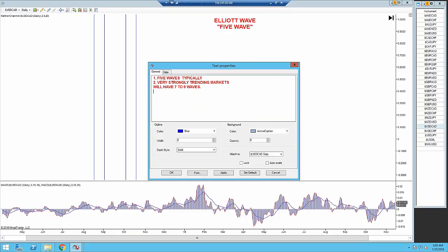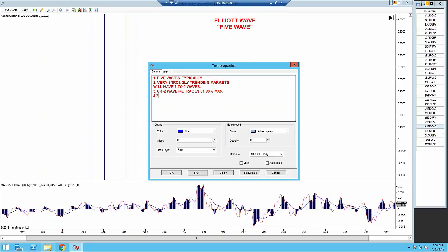The 0, 1, 2, 1, 2 wave retraces 61% max.